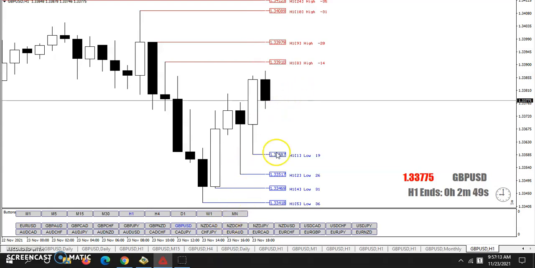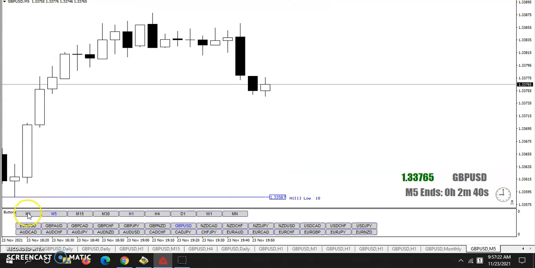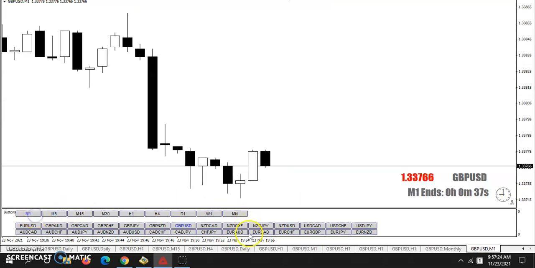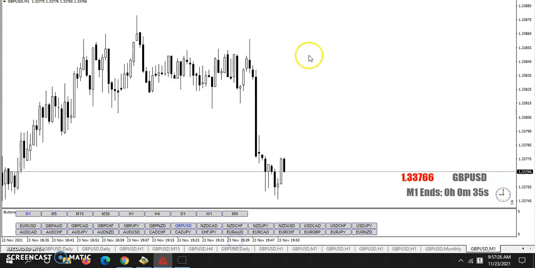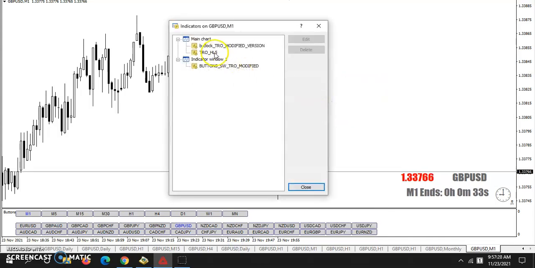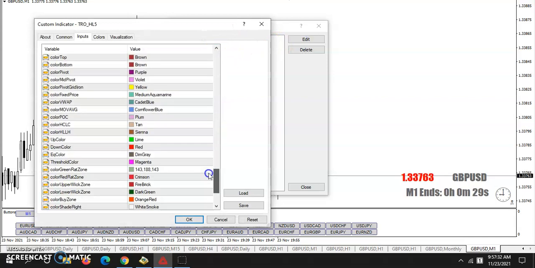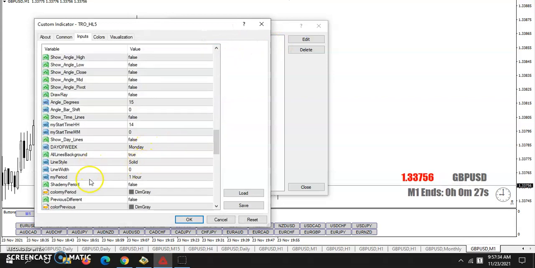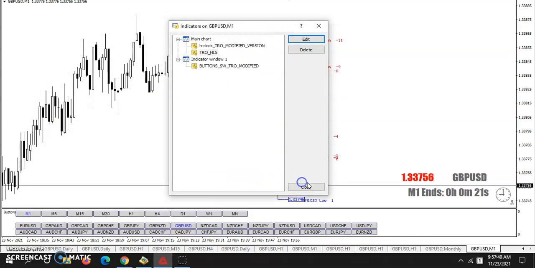So what can happen is you can see price go up, start to take out highs, and then start to reverse and maybe take out lows. And so if you're, say, on the M1 time frame, what we can do here is set the period to current period. So whenever we change the chart, it'll change with us.